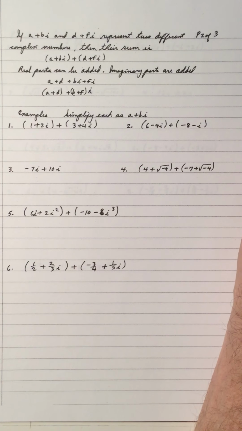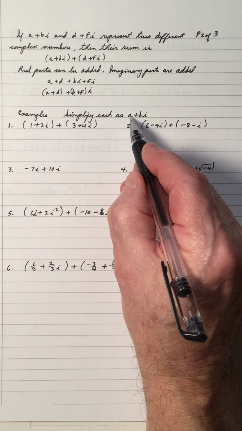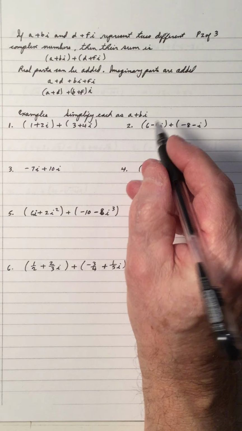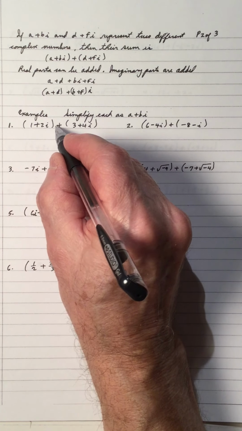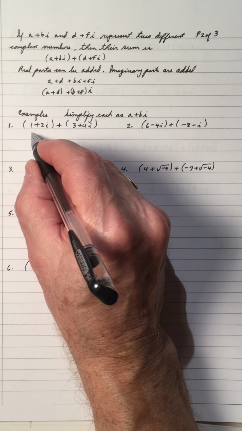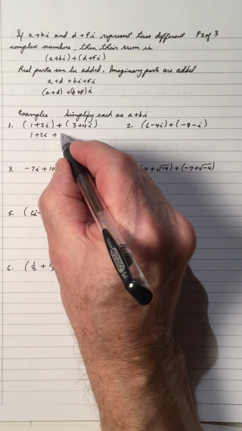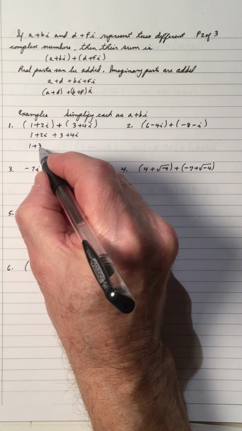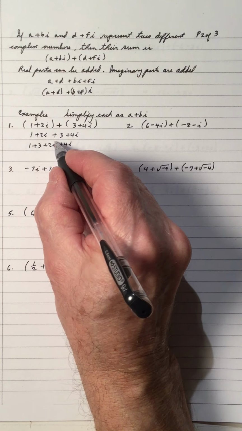So let's do some examples. Simplify each as a plus bi. This is the complex form. So we're adding two complex numbers. When you add, you don't change the sign, so you get 1 plus 2i, add on 3 plus 4i, so that's 1 plus 3, 2i plus 4i.